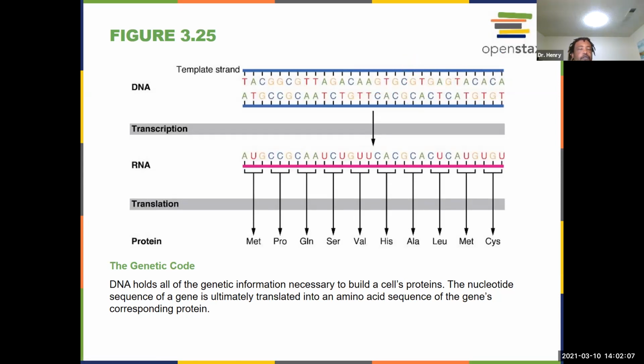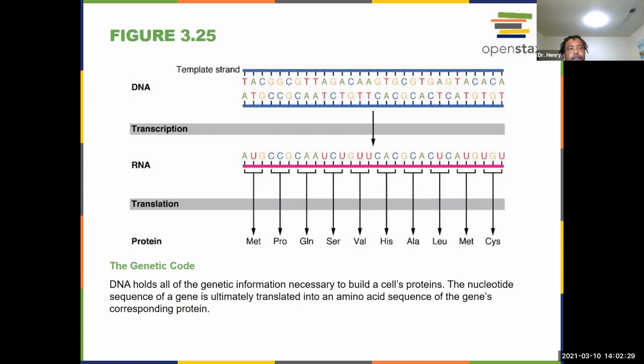Okay, so the process of going from DNA to RNA: the DNA is going to be serving as a template. An RNA polymerase will come in and bind to that DNA template and then make the RNA. That process of going from DNA to RNA is called transcription.